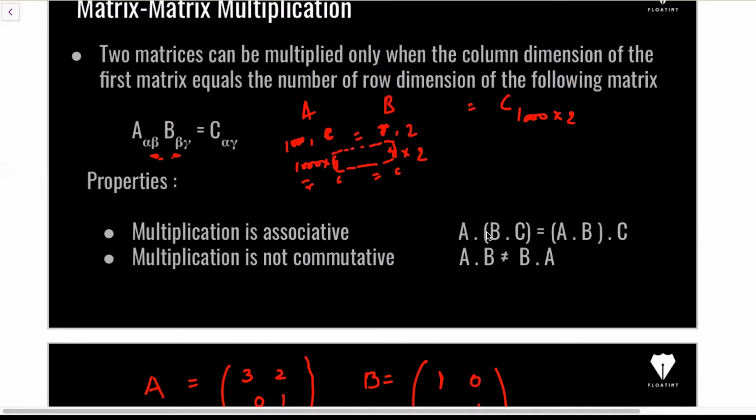If you first multiply A and B, that is the first operation, and then multiply with C, that is the second operation, this will be equal to multiplying B and C first, and then multiplying A with the resultant. This will give you the same result. But matrix multiplication is not commutative: A dot B will not be equal to B dot A.